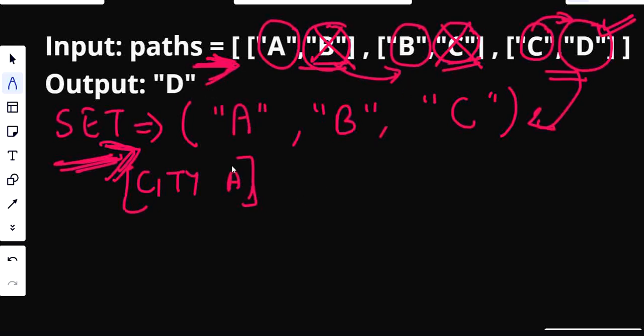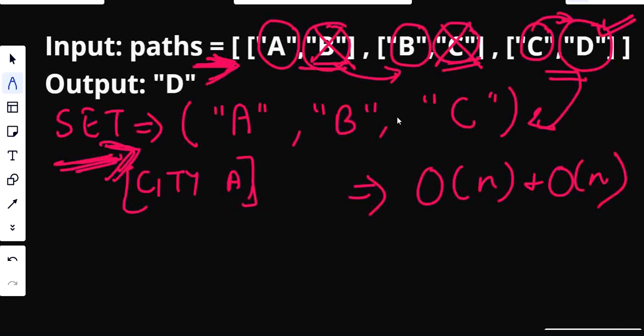So in this approach, what will be the time complexity? Time complexity will be big O of n for creating this set plus big O of n for checking if the second element of any of the paths is present in this set or not. And as we are looping through a second time, we are checking in a set, so the lookup time is around big O of 1, so we can consider that as constant time.